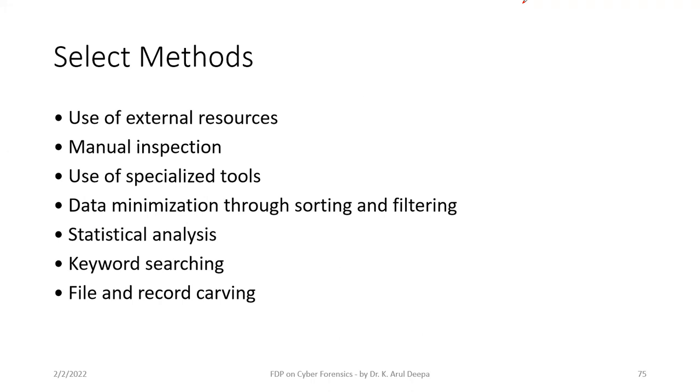So these are some methods for data analysis. You can follow any of the methods, or a hybrid of these methods can also be followed depending on the incident in your hand. Depending on the case under investigation, you can opt for the method of data analysis.